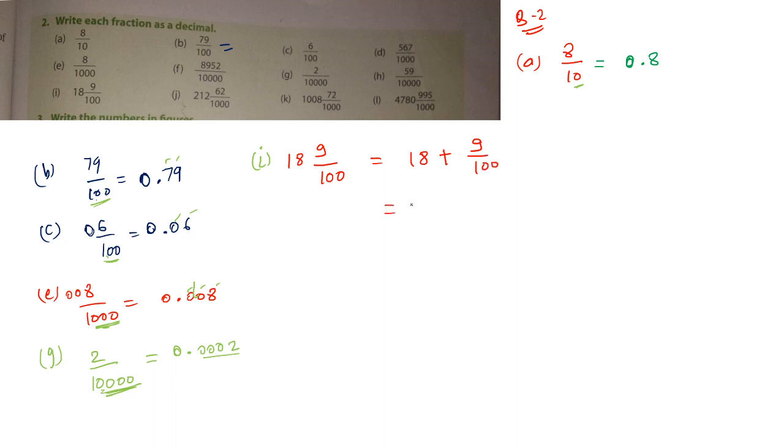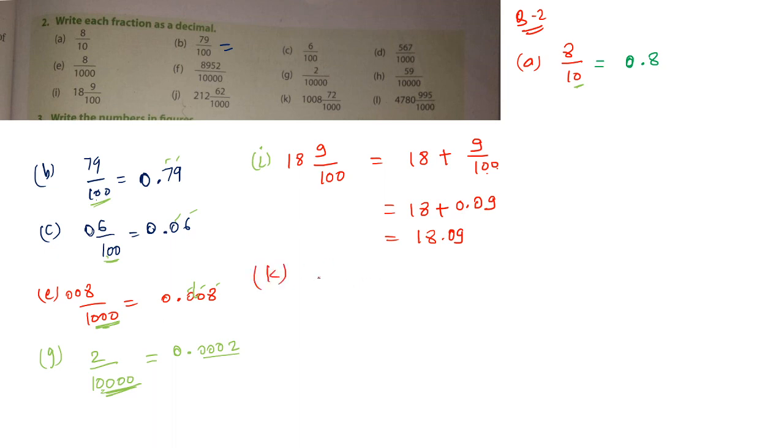Then 18 plus, how many zeros? 1 2. So you will write it 0.09. Because there are 2 zeros, you will put the decimal after two numbers from the right-hand side. Now add it, so it will be 18.09. This is the answer.